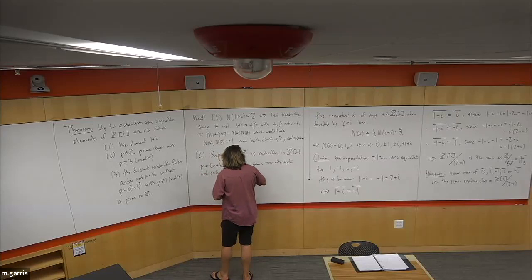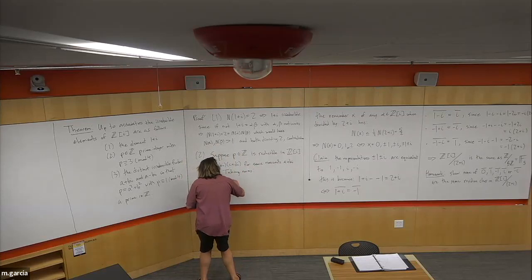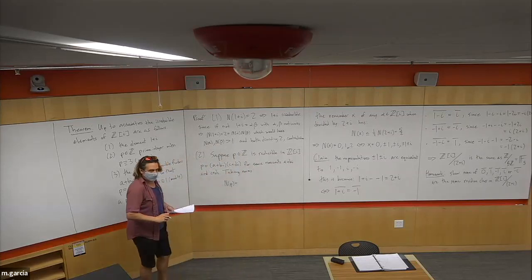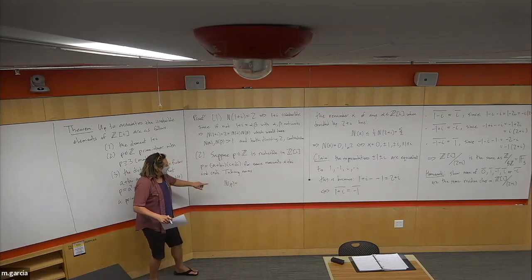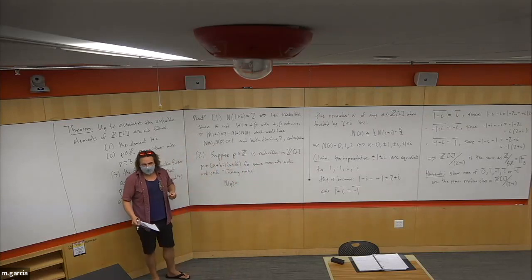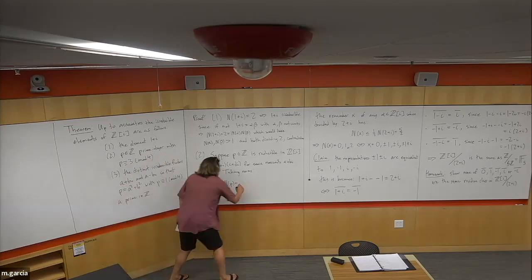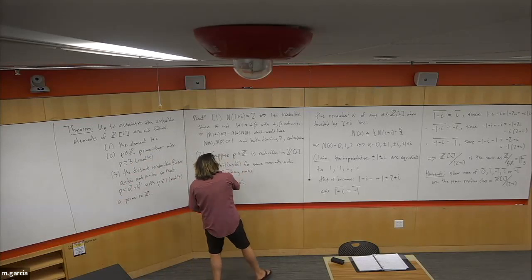Taking norms yields the following. The norm of p is what? So first I want to evaluate this just as p, taking p as an element of Z adjoin i. So what's the norm of something that has no imaginary component? This is p squared, yeah. This is p squared. And now we'll take the norm of the factorization that we have.